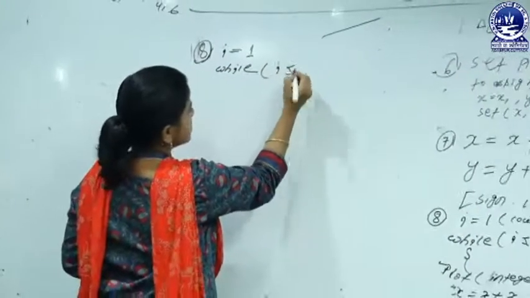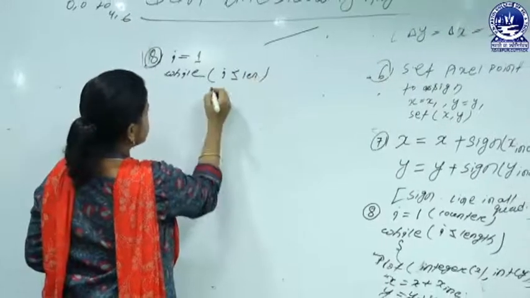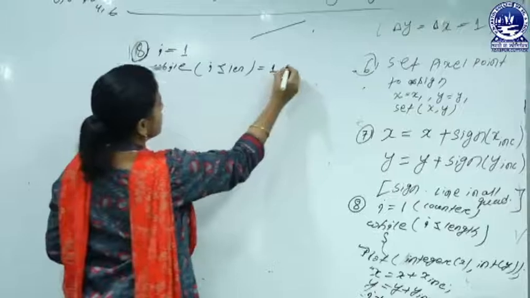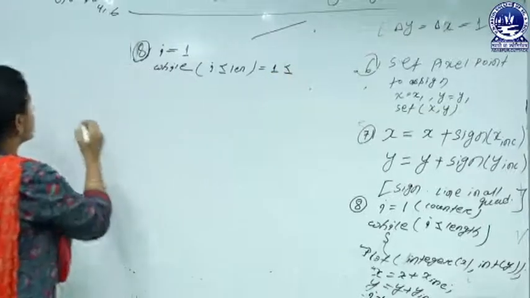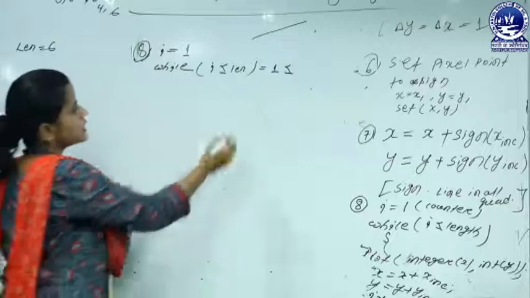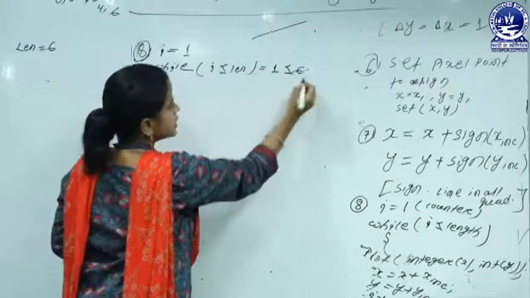The ith value is 1, and the length we generated is 6. So 1 is less than or equal to 6, the condition is true.